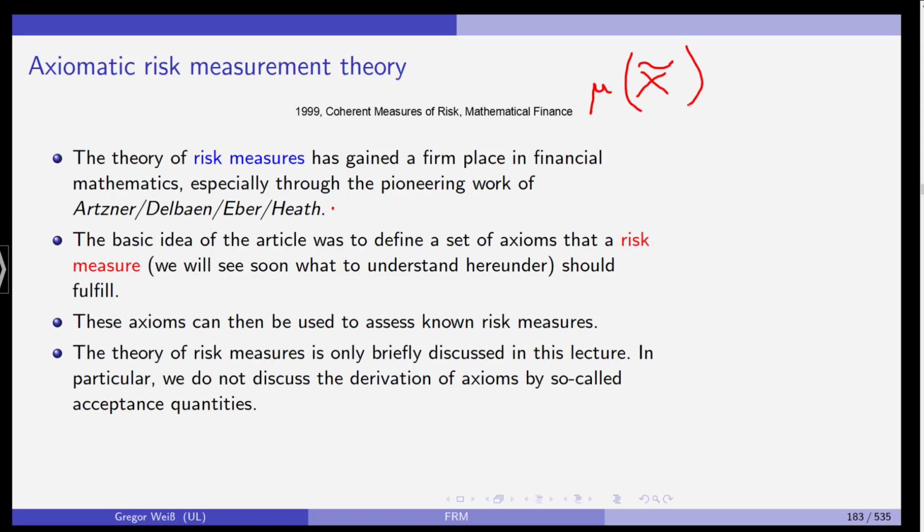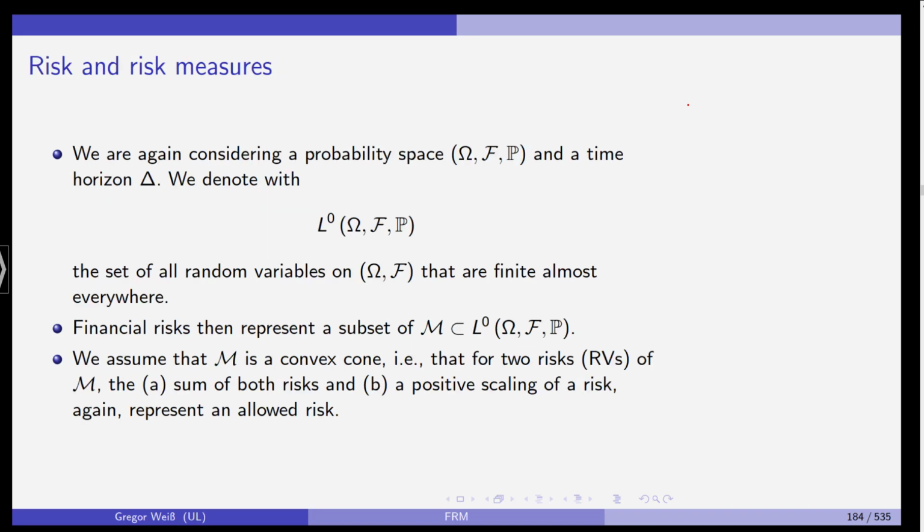I'll only discuss the brief highlights of this theory, but actually the paper isn't that complicated. Even if you haven't studied mathematics, you should have a look at this one. It's quite interesting because it's just one paper that has led to a huge strand of research in mathematical finance.